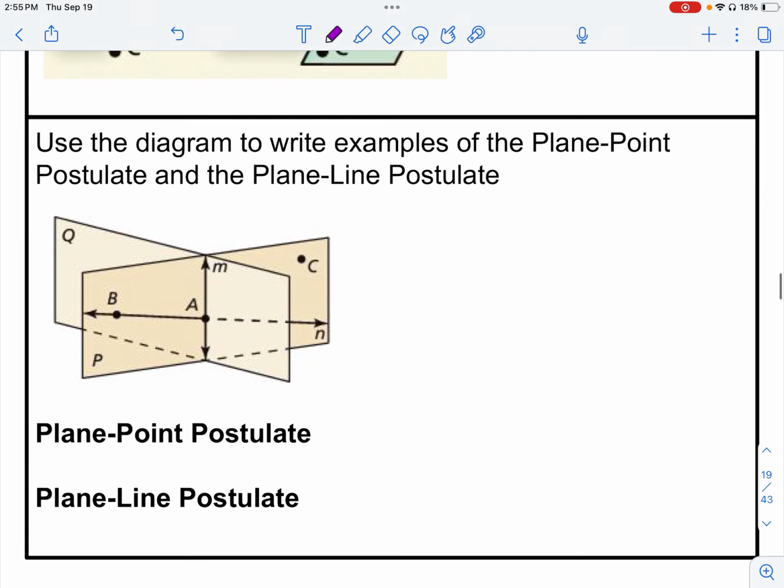Let's keep going. Let's take a look at what we have. Two examples of the plane-point postulate and the plane-line postulate.